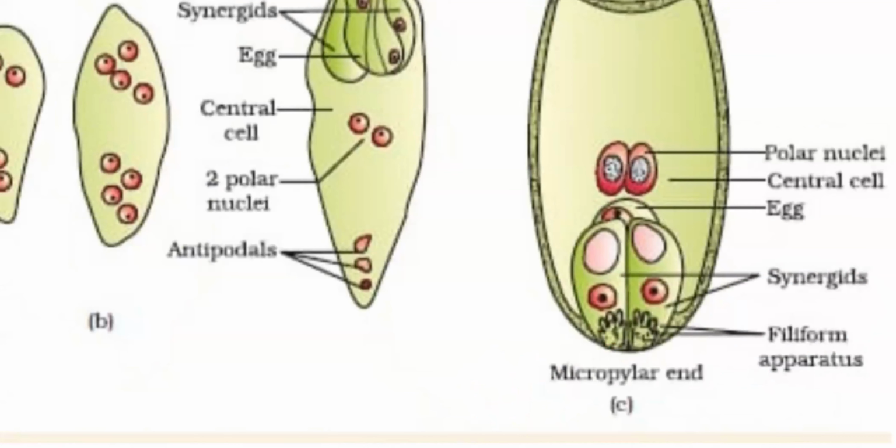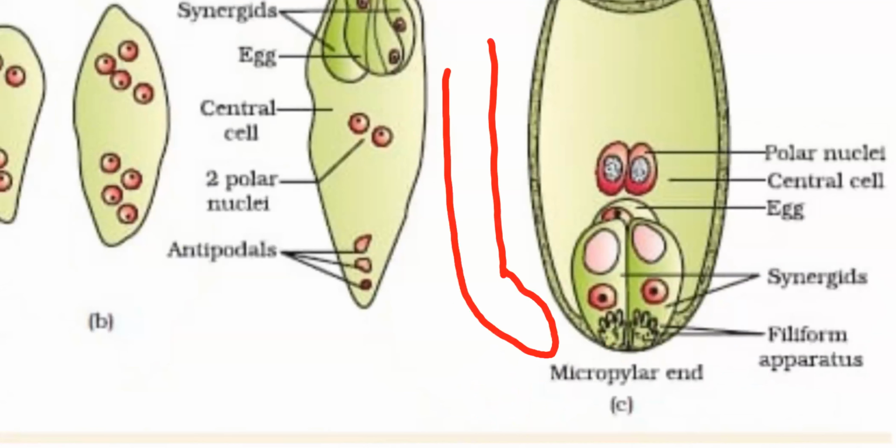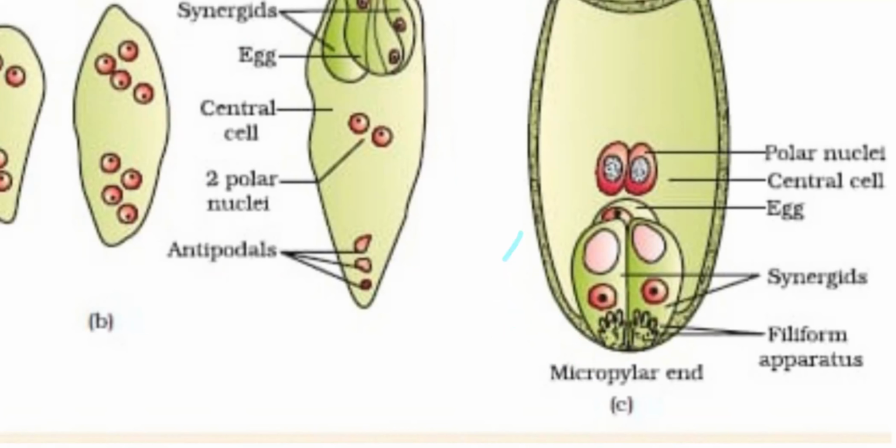When the pollen tube comes down in this region, carrying the male gametes, it has to enter inside the embryo sac. The entry of this pollen tube inside the embryo sac is guided and facilitated by this filiform apparatus.